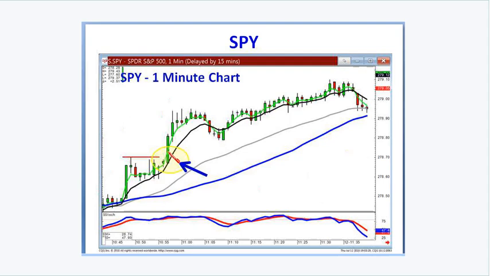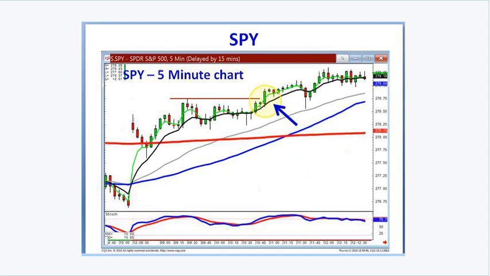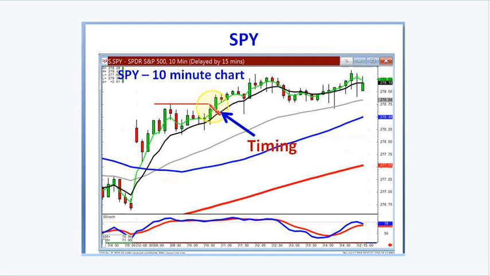Whoops, my 1-minute chart is telling me it's breaking out of a J-hook pattern. That's going to confirm my 5-minute chart, and my 5-minute chart is going to probably confirm my 10-minute chart. So again, we're putting all the stars in alignment. The black line is the 8 exponential moving average. We call it the T line.